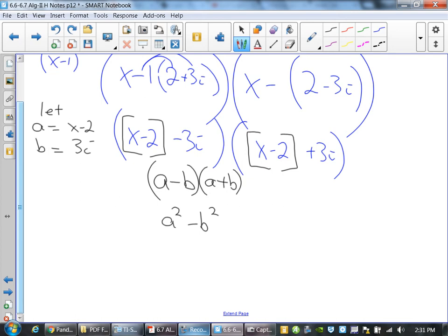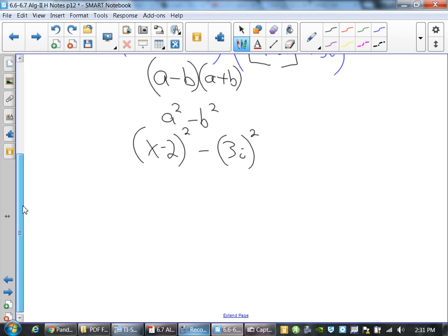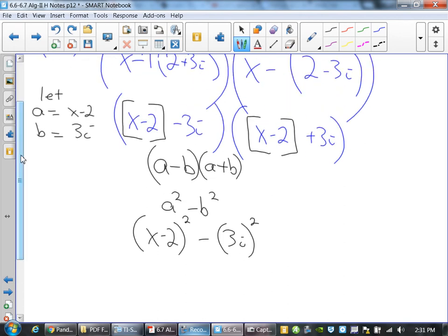And what did a represent? And what did b represent? So you get x minus 2 minus... what's going to happen here is if you FOILed this out, you multiply this here, here, and here, and those middle terms drop, don't they?